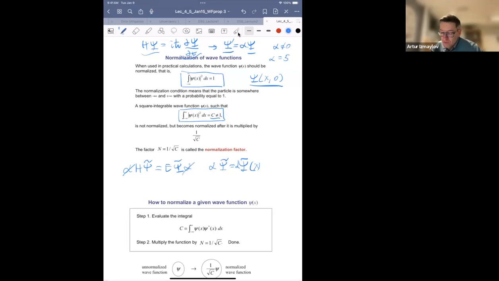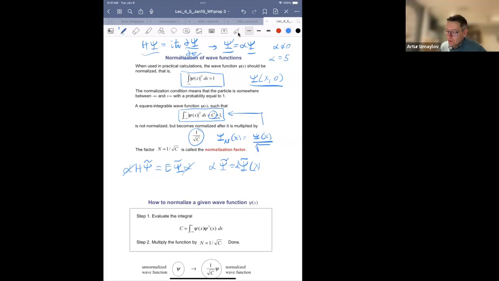And then you could easily fix that by taking the value of the integral and writing the new, probably can even write more suggestively, psi normalized of x equals the one that wasn't normalized, the one that was given, this integral, the C, right?